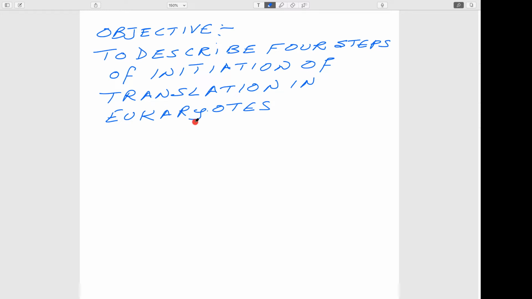It is almost similar to prokaryotes, except there are many factors, initiation factors and other factors. Of course, there are some minor differences.